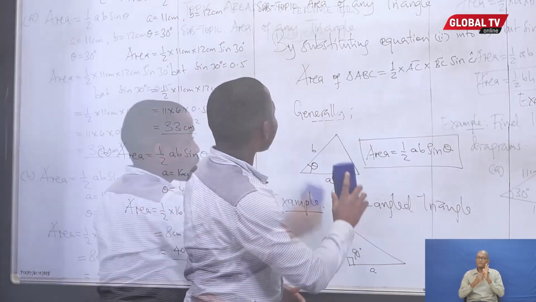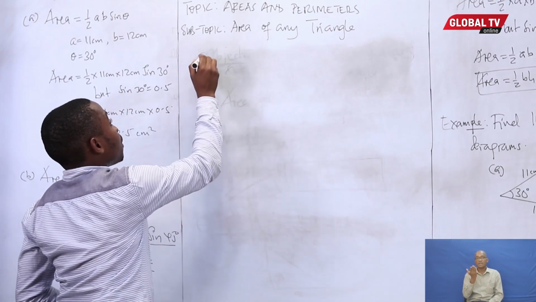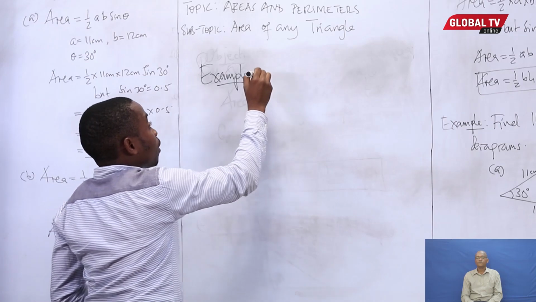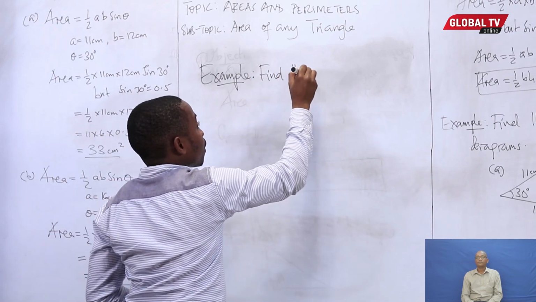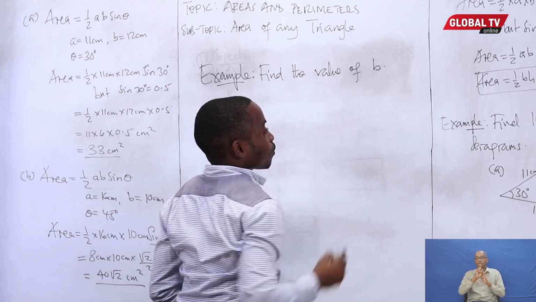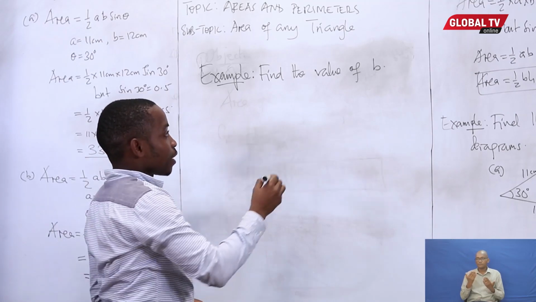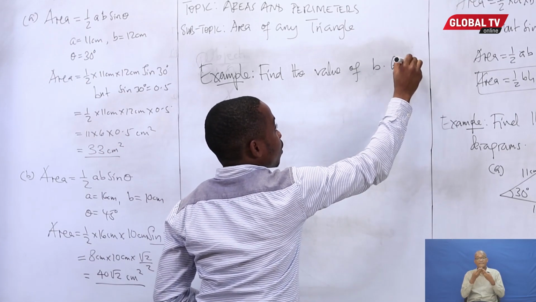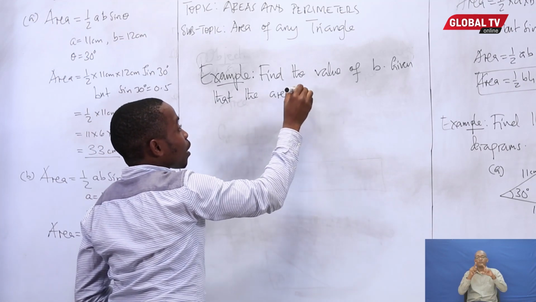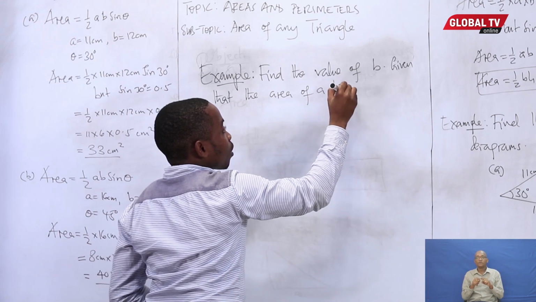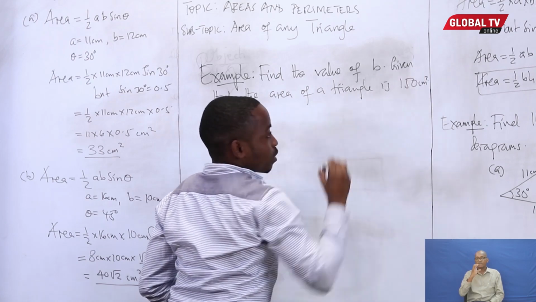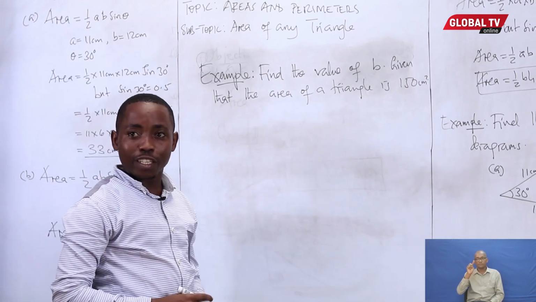Example 2: find the value of B in the following diagram, given that the area of the triangle is 150 centimeter squared.